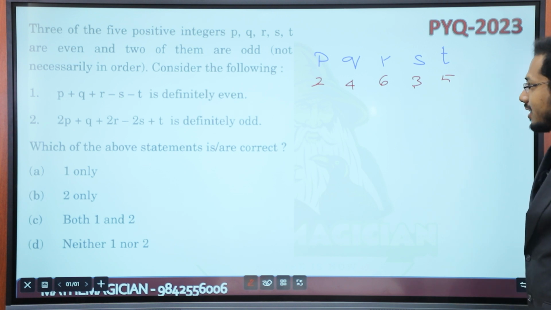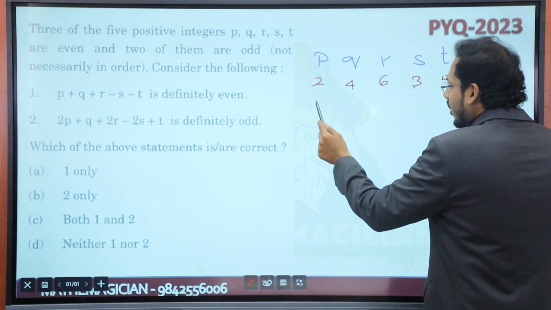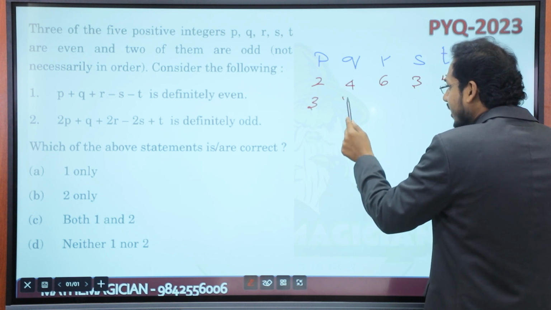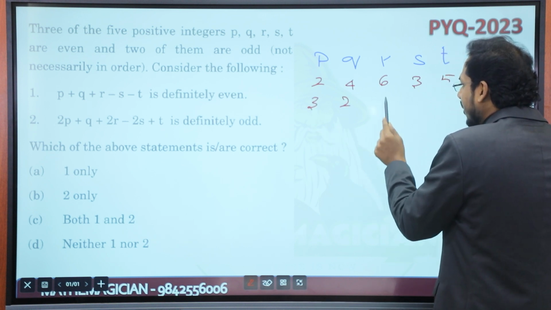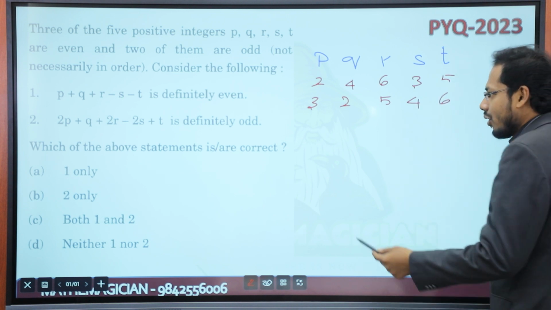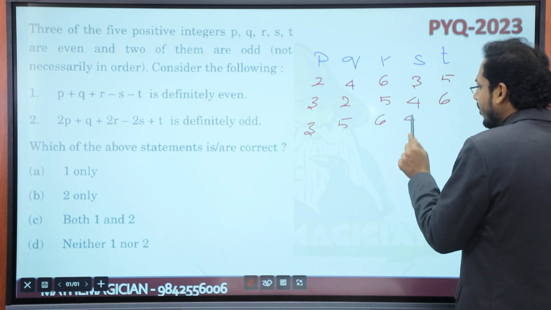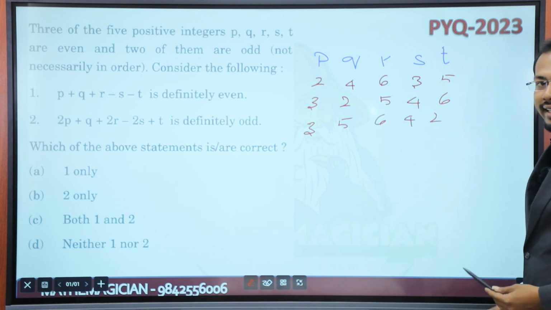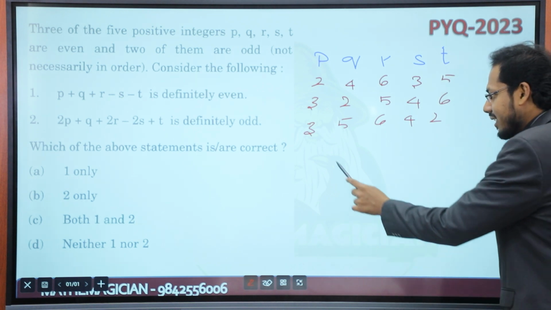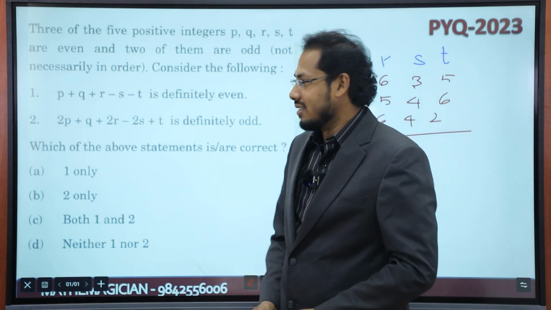This is one combination. Then the first number is odd, then 2, then again odd number 5, then 4 and 6. Any other combination: 3, 5, then 6, 4, 2. Like this I can take some combinations and check. If you still have a doubt, you can take 3 more combinations.